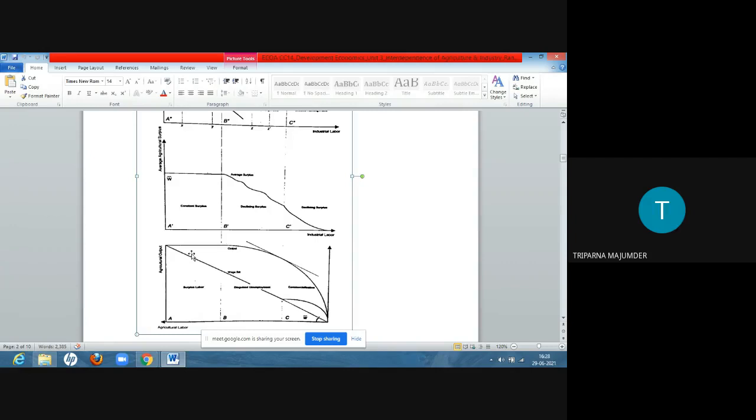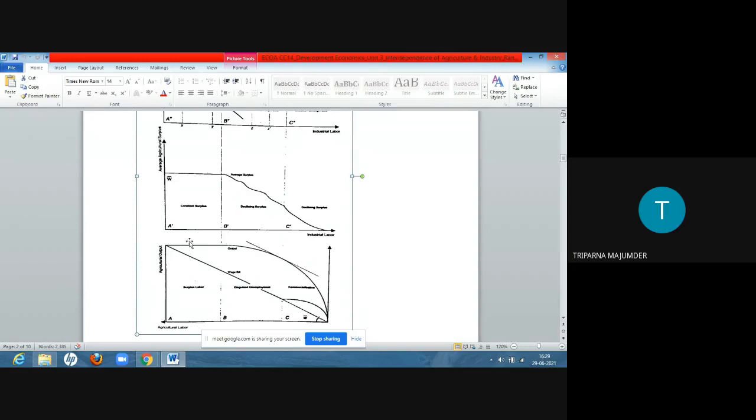It is easy to see that the average agricultural surplus in the surplus labor phase must be exactly equal to W bar. What is W bar? We have already noted this by this. This is represented here as a horizontal straight line because this does not change. In the region of surplus labor, it remains at W bar.